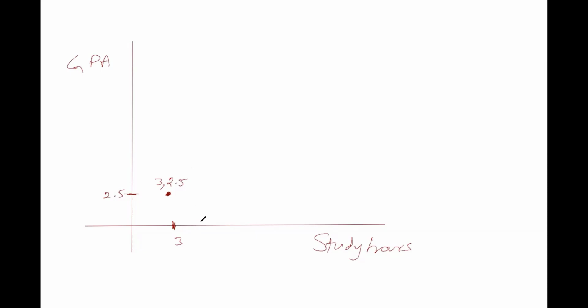There's another student who says I study 4 hours and his GPA is 3. So we cross these two lines and join them to make a new dot. And this dot is (4, 3). And there's another student that says I study 5 hours and my GPA is 3.5.